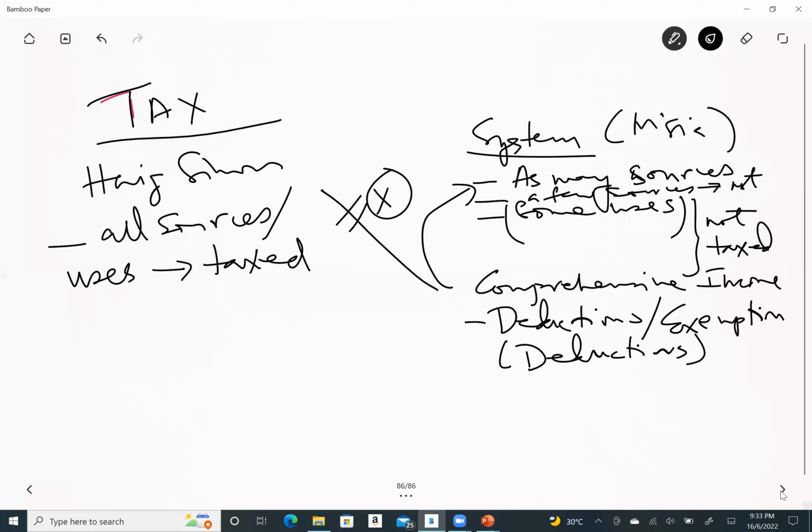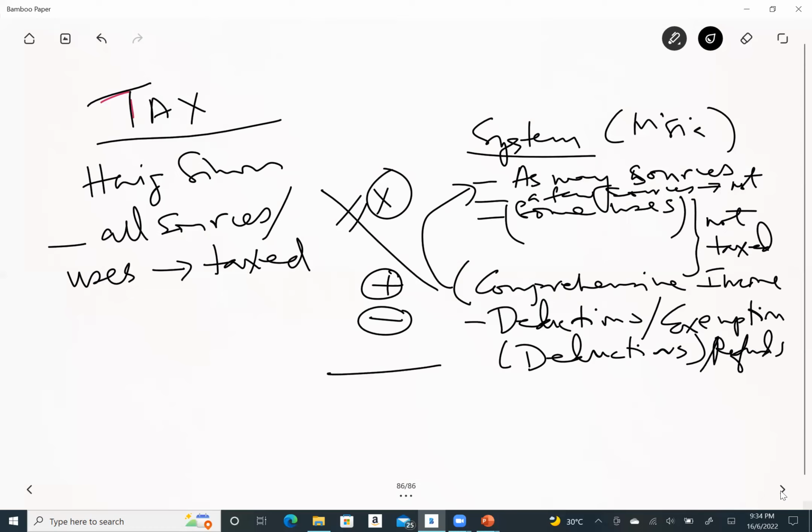So you come up with the comprehensive income. That means we add all those components, and then we subtract the deductions, exemptions, and sometimes refunds; there are a few refunds.